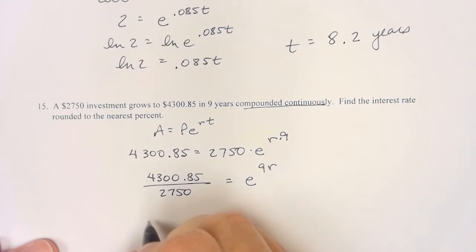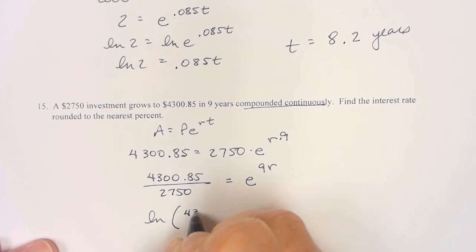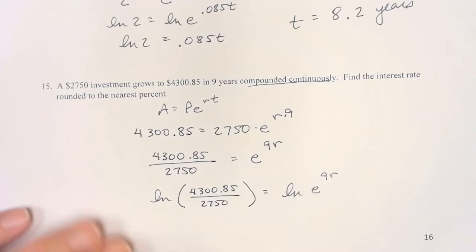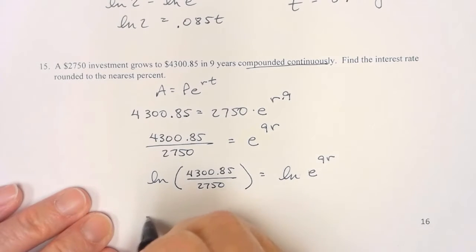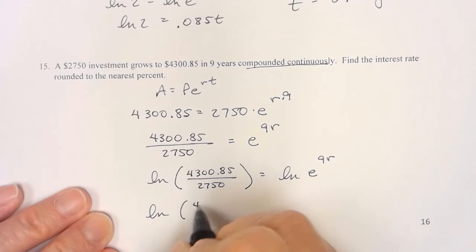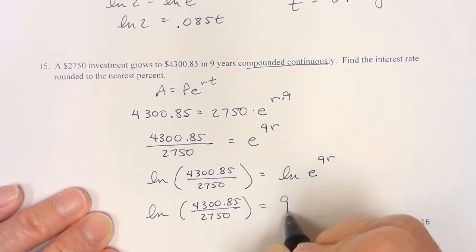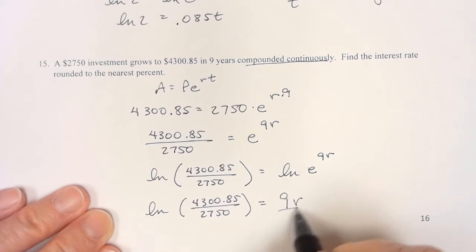I'm going to take natural log of both sides. And now we're going to divide by 9.